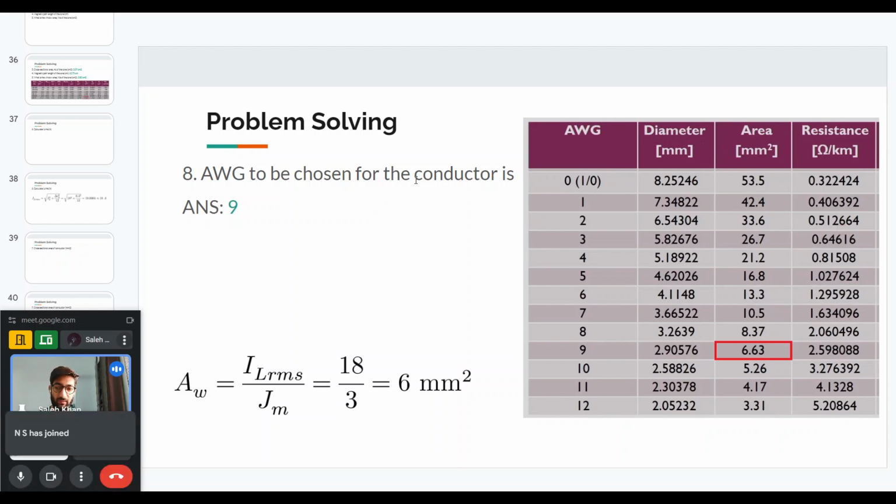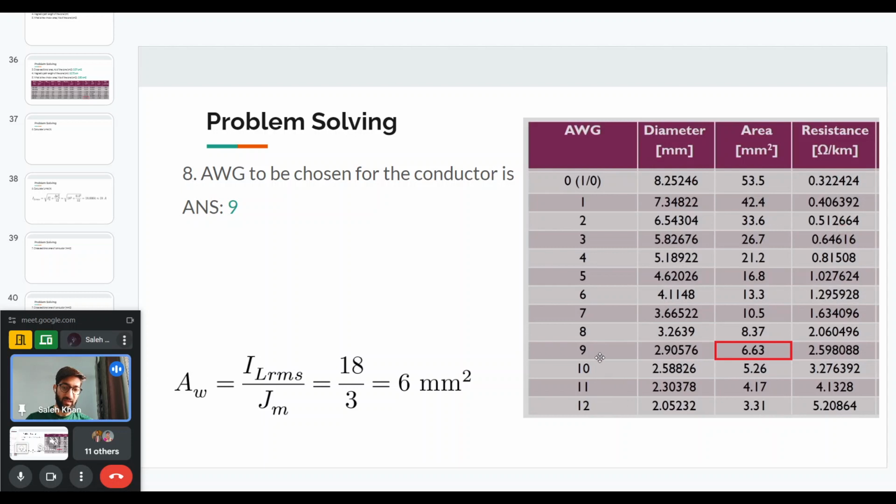The cross-sectional area that we got was 6 mm square, and we have to choose a wire gauge which has an area equal or slightly greater than this value. Basically, if the AWG is less, then the area will be high, and as the AWG increases, the area decreases. So if I see AWG 12, its area is only 3.3 mm square, but I need 6. So I have to go to a lesser AWG.